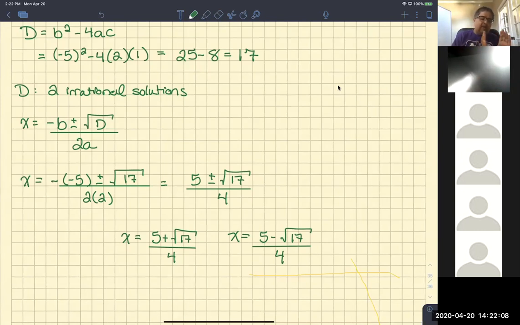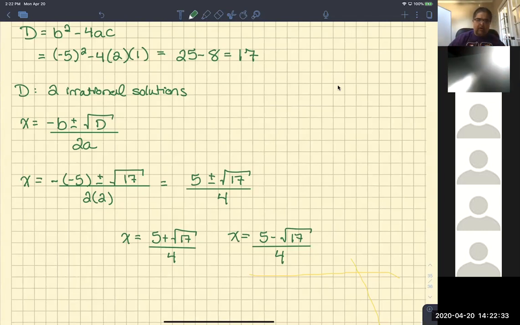Any questions about max-min value? So take home point, if the parabola opens up, the vertex is a minimum point, okay? And if the parabola opens down, the vertex is a maximum point, okay? The x coordinate of the vertex tells you for what value of x the maximum or minimum occurs. And the y value tells you what that max or min value is.